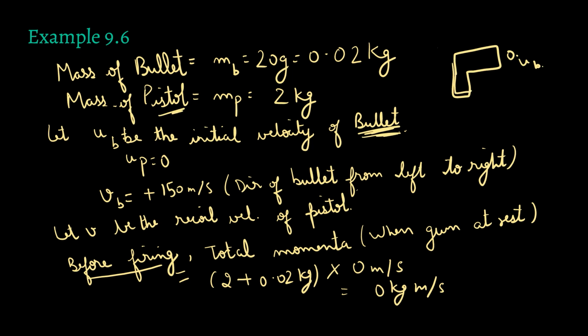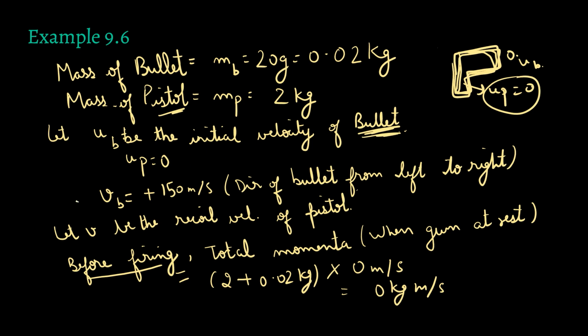Your bullet has some initial velocity ub, and for your pistol, the initial velocity will be 0. Why so? Because you are holding the pistol in your hand, so it has no velocity. So up is equal to 0.